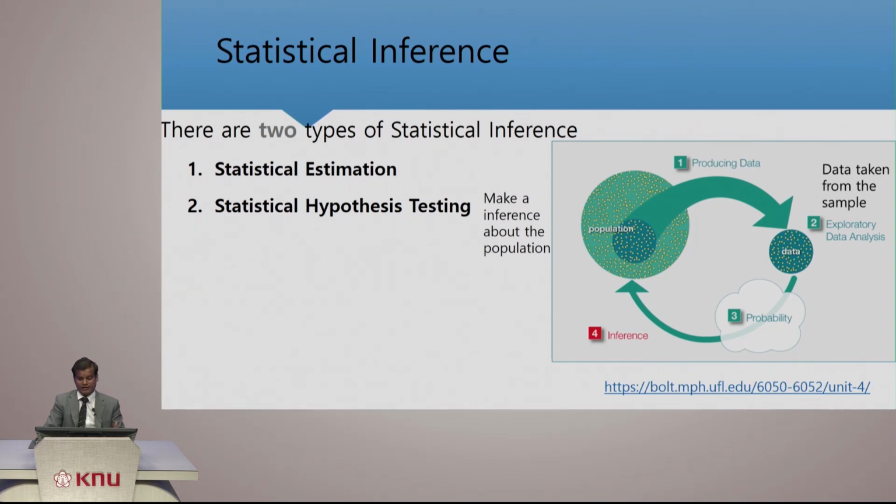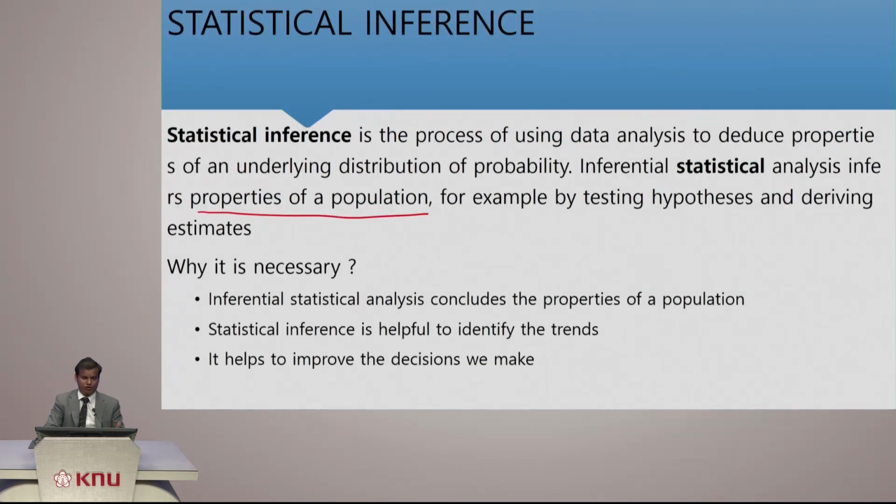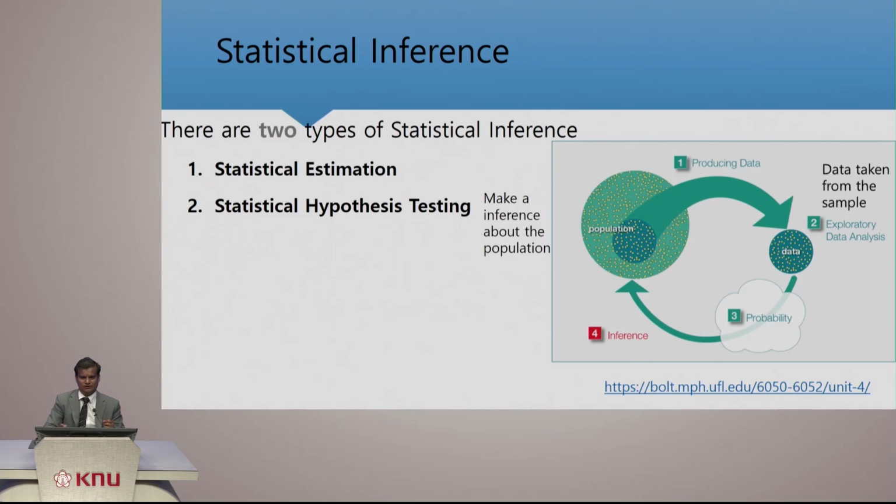So properties of a population are one of the aspects of how we analyze things. What happens is that from the population data we take sample data, and for the sample data you perform exploratory data analysis, and you are also using probability measures, and finally you are going to infer.